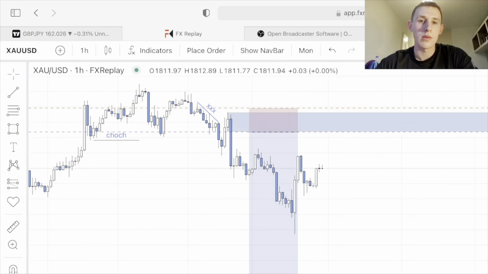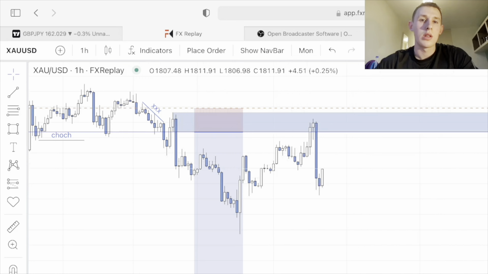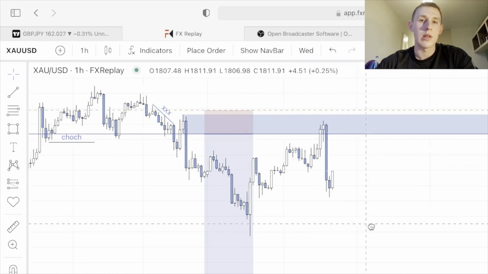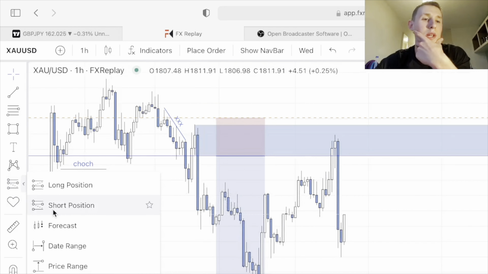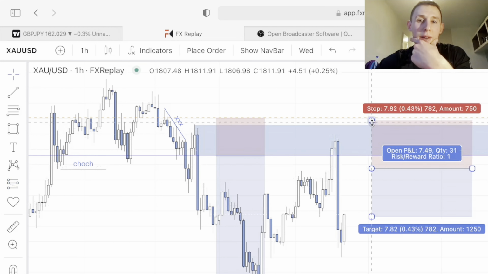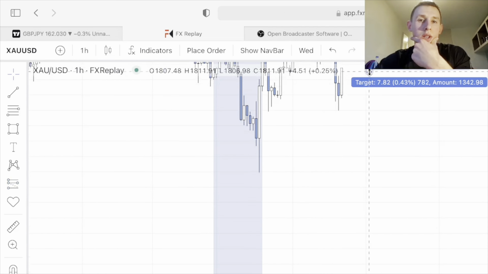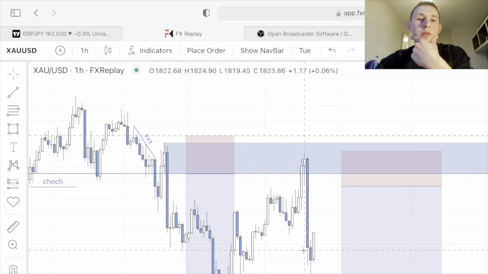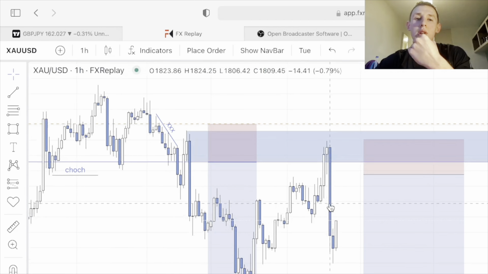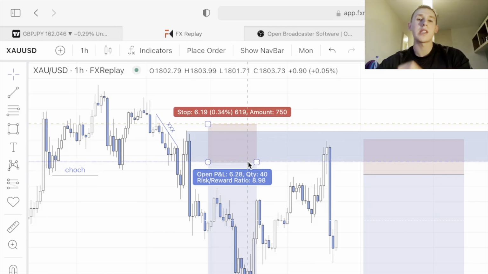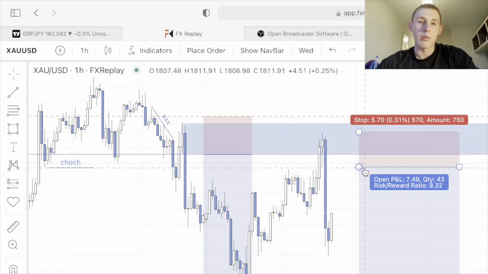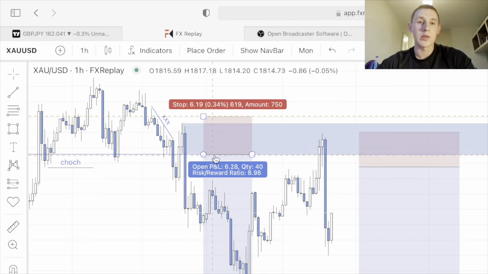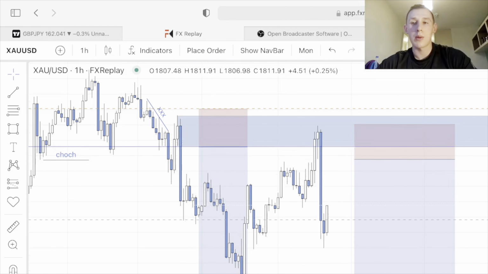Maybe not. Alright, so there we go. You could probably also get a re-entry at this level. However, I wouldn't be able to make this one break even if I took this trade, since the entry with this one coincides with the entry of this one, so I probably wouldn't take that trade.